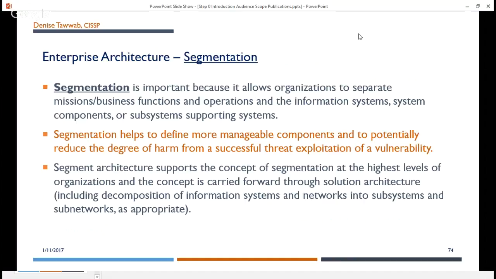Segmentation helps you to define more manageable components and to potentially reduce the degree of harm from a successful threat exploitation of a vulnerability. Segment architecture supports the concept of segmentation at the highest levels of the organization, and the concept is carried forward through solution architecture, including decomposing information systems and networks into subsystems and subnetworks as appropriate. So you're breaking things into manageable chunks.